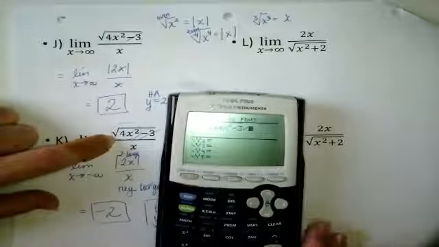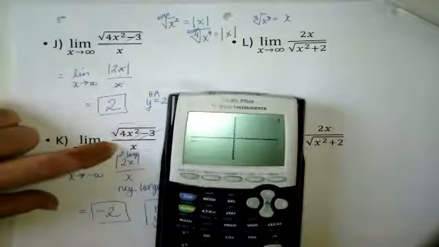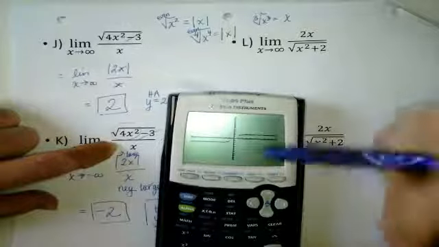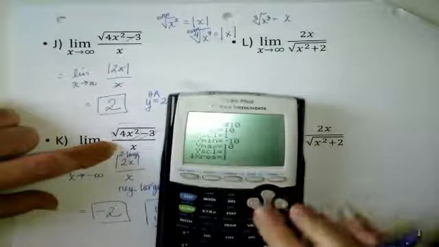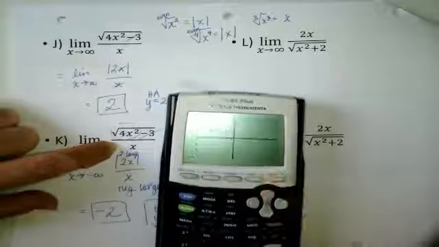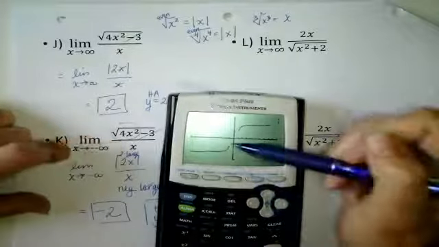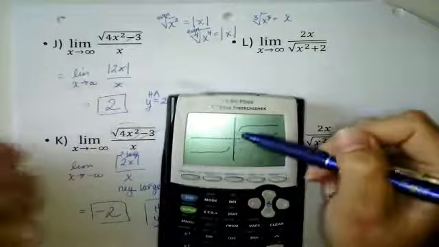So I've got the square root of 4x squared minus 3 over x, and I'm going to graph that in a standard window. In fact, I'm going to change the window because I've got all this extra space in the y direction. So I'm going to change my y minimum to -3 and my y maximum to +3. It does connect in here, so there's no big gap.